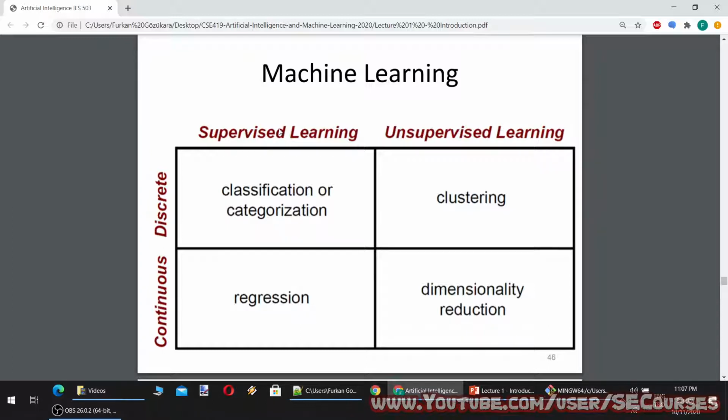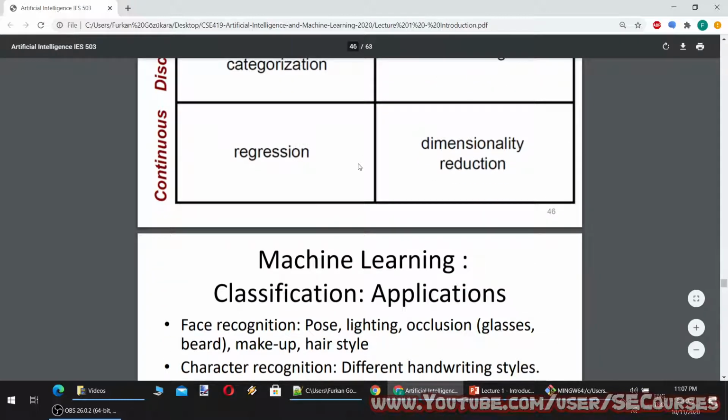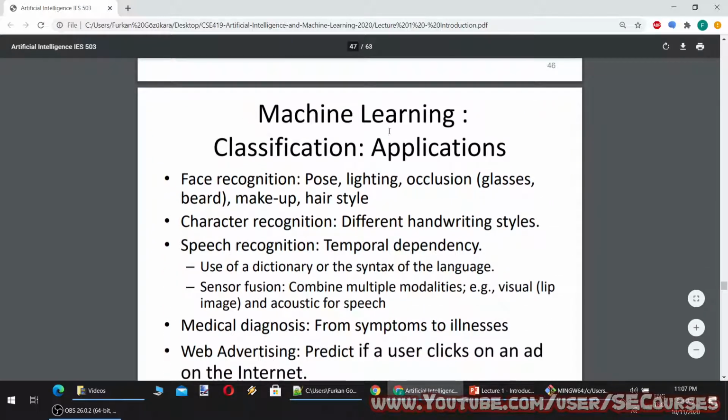Discrete and continuous: discrete is classification or categorization in supervised learning, and clustering in unsupervised learning. Continuous is regression in supervised learning, and dimensionality reduction in unsupervised learning. We will have more information about them in future lessons.